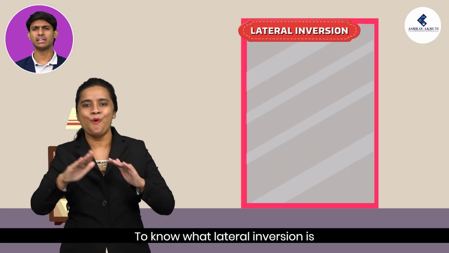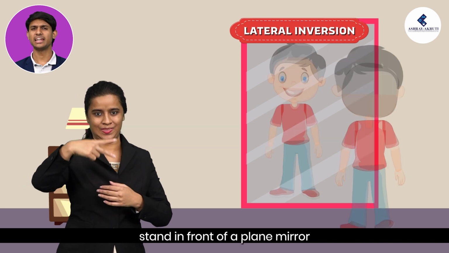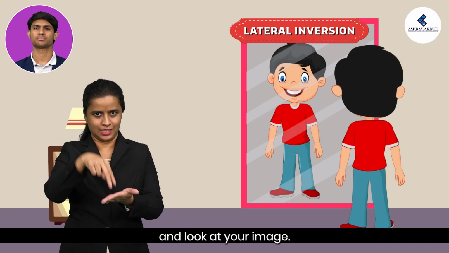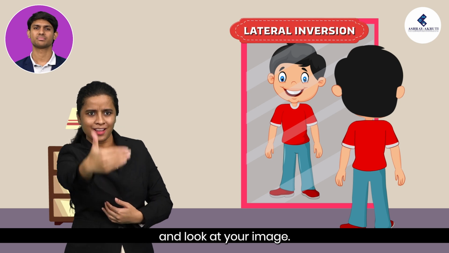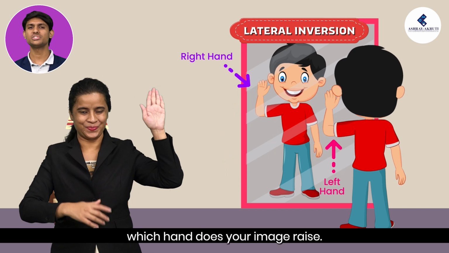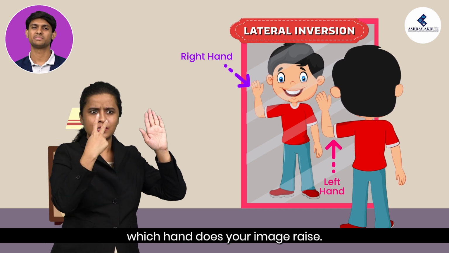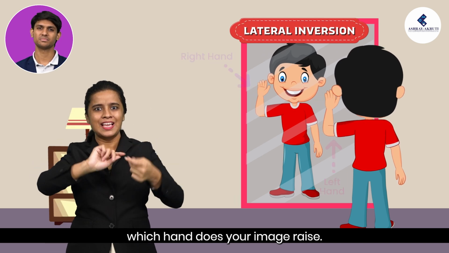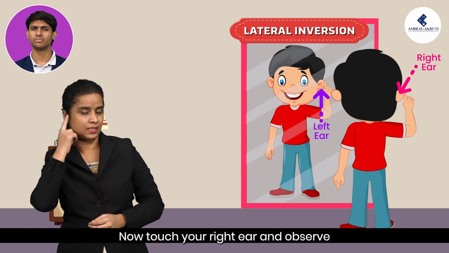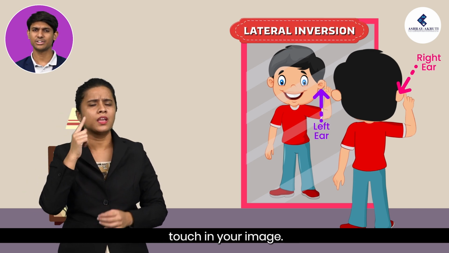To know what lateral inversion means, stand in front of a plane mirror and look at your image. Raise your left hand and observe which hand your image raises. Now touch your right ear and observe which ear your hand touches in your image.